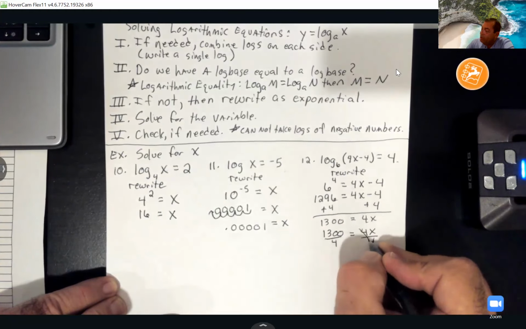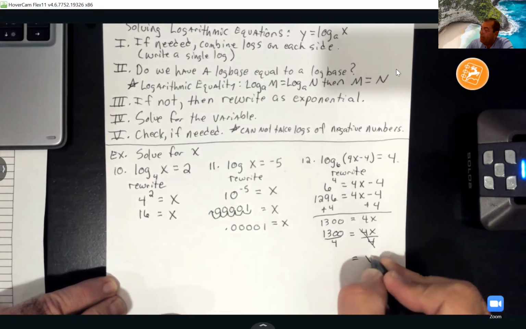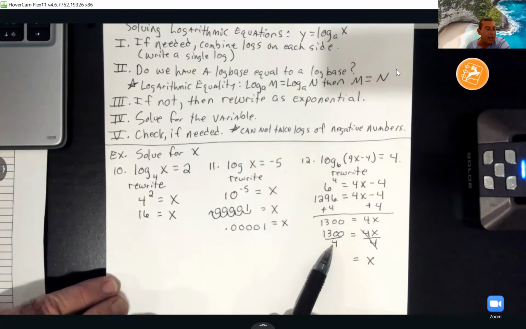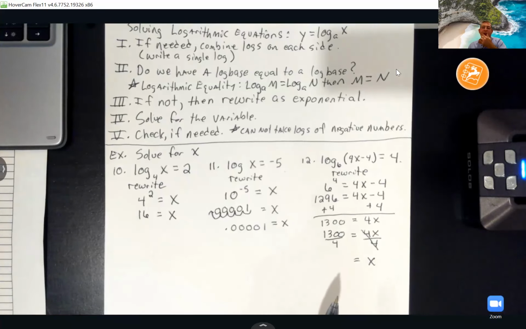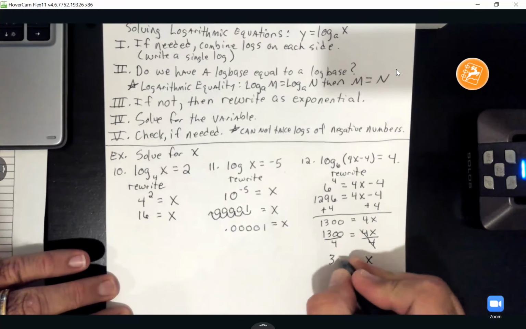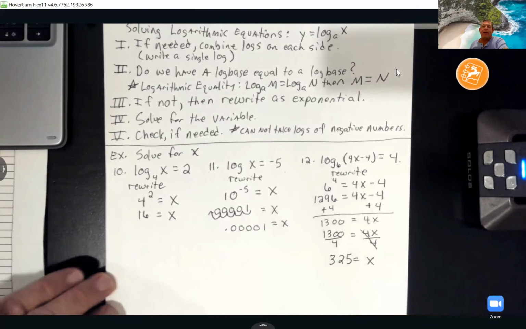Notice my 4's cancel, giving me my 1x. What's 1300 divided by 4? 325.